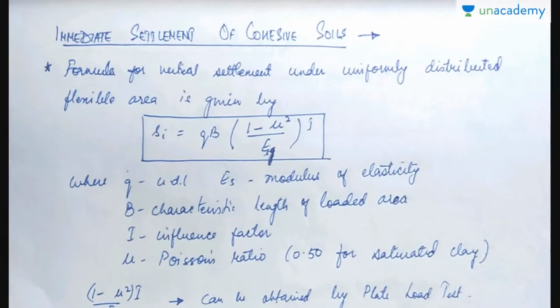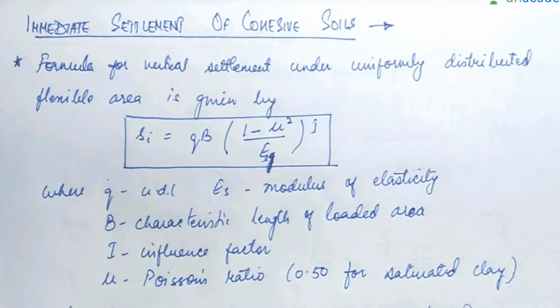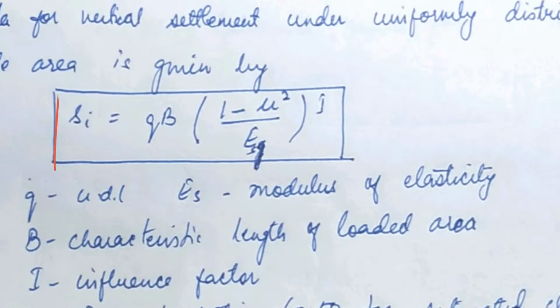Now let's see the immediate settlement of cohesive soils. You have been given a formula for the vertical settlement under uniformly distributed flexible area, and it is given by SI, immediate settlement, is equal to QB (1 minus mu square) by ES multiplied by I. What is this Q? Uniformly distributed load.